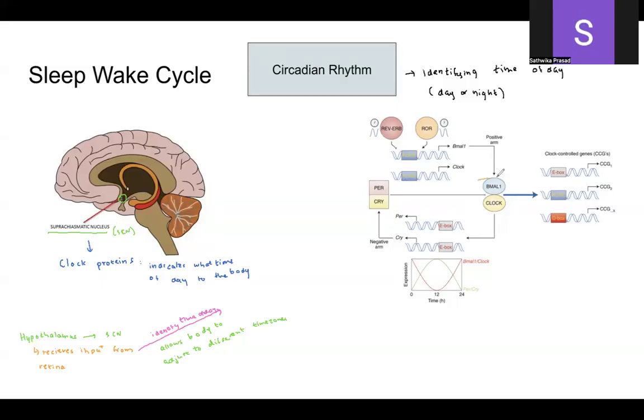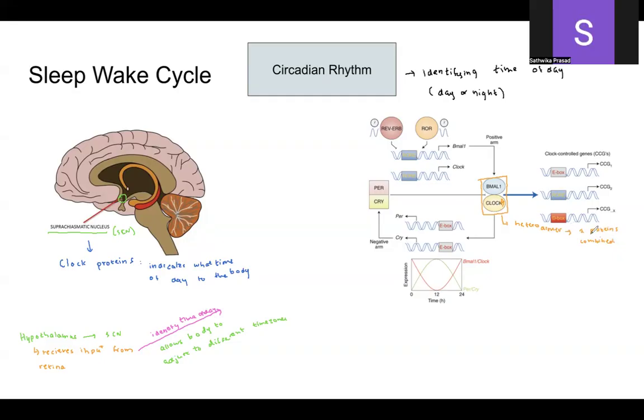So in the morning, your BMAL1 and your CLOCK genes, I suggest that you memorize CLOCK as that may be a supplementary question in your Brain Bee competition. Your BMAL1 and CLOCK proteins are going to bind together and form what's known as a heterodimer. Heterodimer is just a fancy way of saying two proteins combined, right?